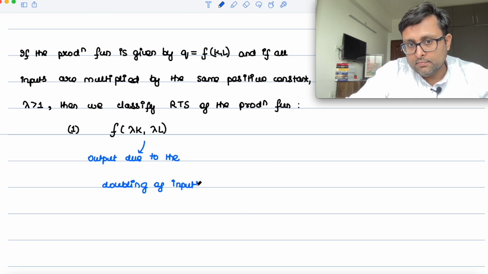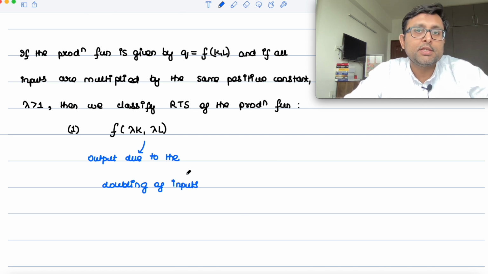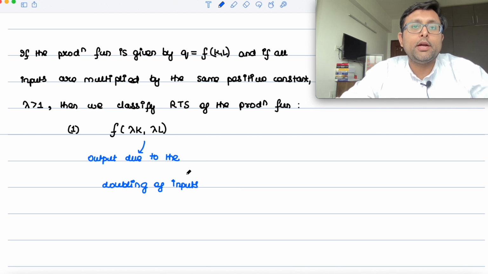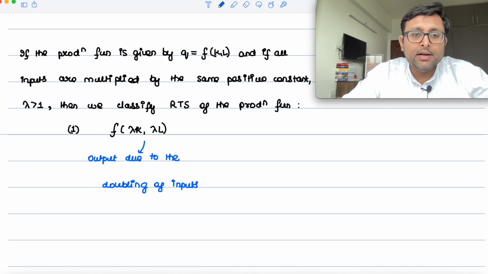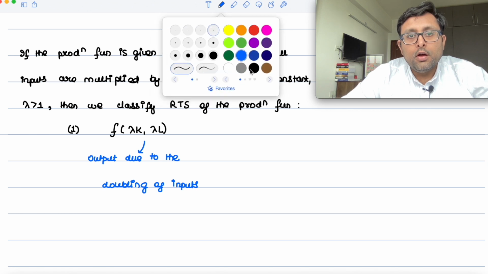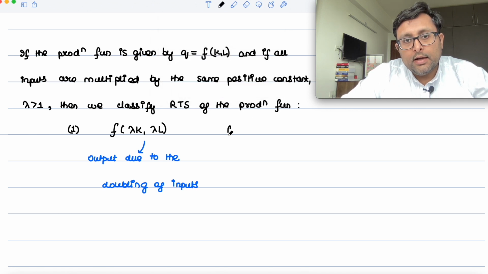So instead of using just K and L, you're using 2K and 2L. When I write double, I mean lambda is double. You're just doubling it. And this was your initial output.